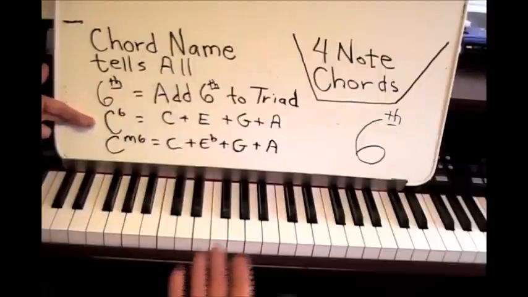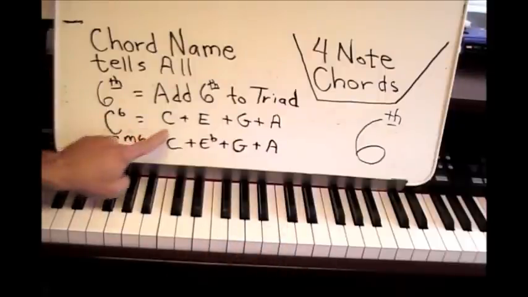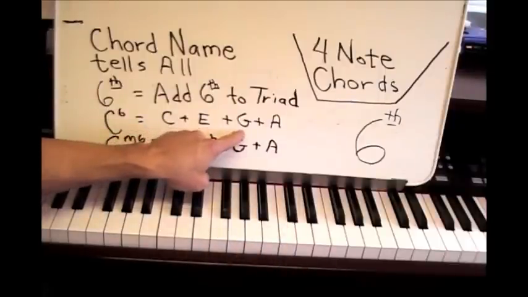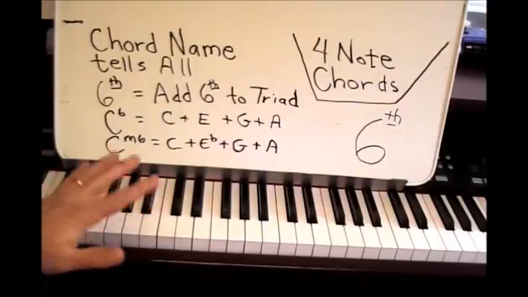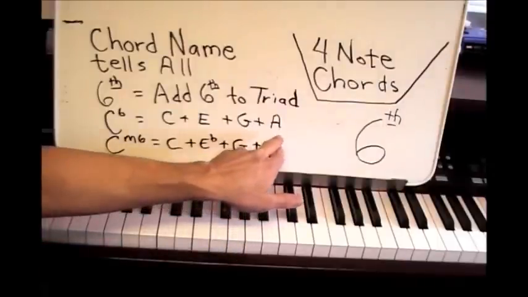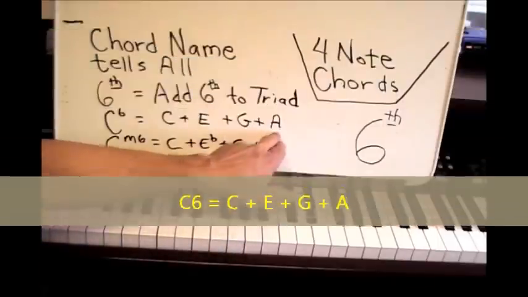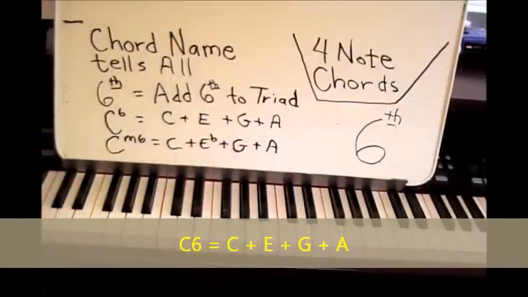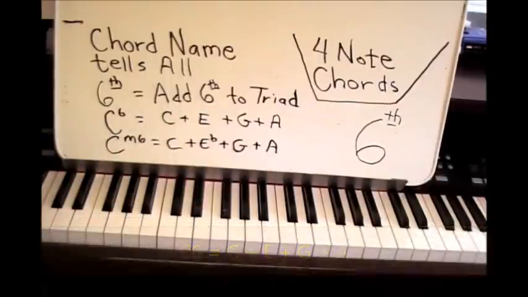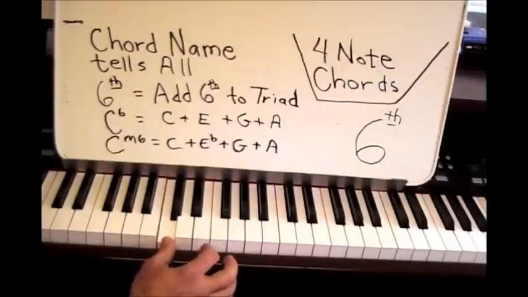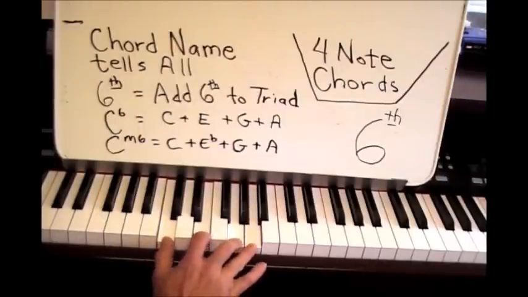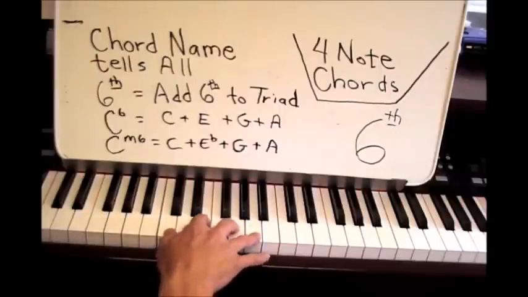Then all we do is build the C major triad, which is C, E, and G, and then we add the 6th note of the C major scale to it, which is A, and that is a C6 or C major 6. So here's the notes. Here's the C, the E, the G, and the A. Here's what it sounds like.